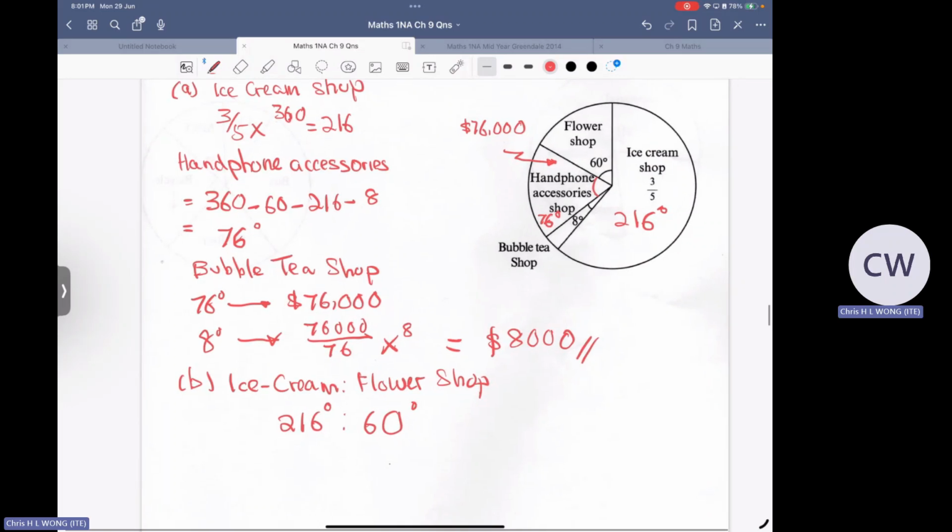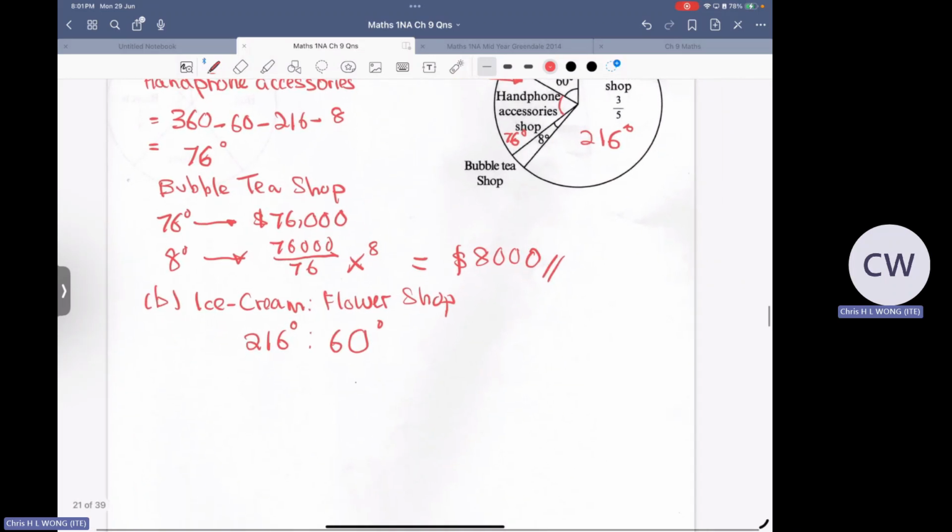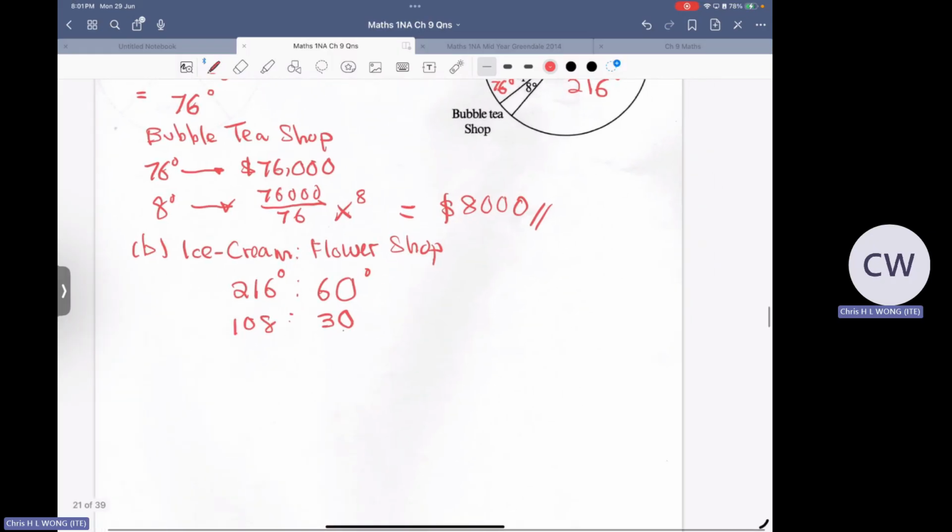Let me reduce to the lowest term for you. I will start with an easy one, by 2. The moment I reduce to the lowest term, the degree unit is taken out. Divide by 2, then by 5, then by 3. 216 is to 60 becomes 18 is to 5.